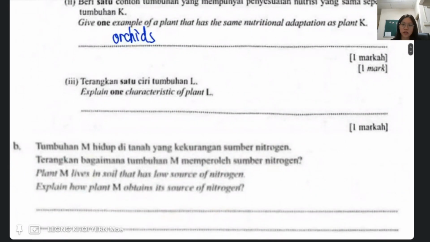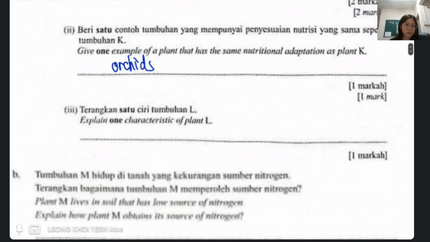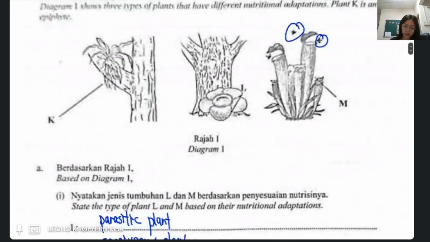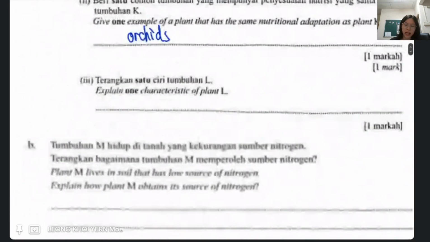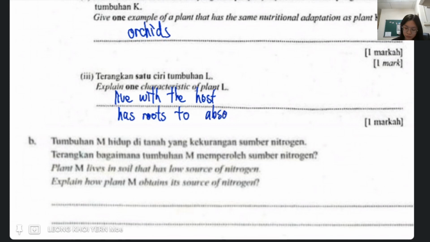And now let's take a look at one characteristic of plant L. Plant L is this Rafflesia, which is a parasitic plant. So they basically always live with the host, or you can write that it has roots to absorb nutrients from hosts.